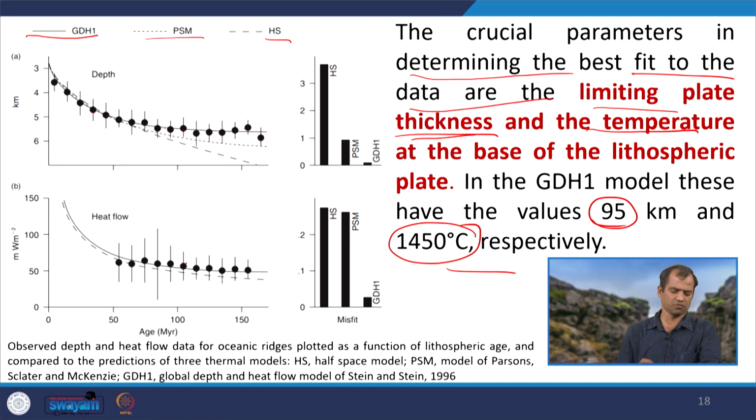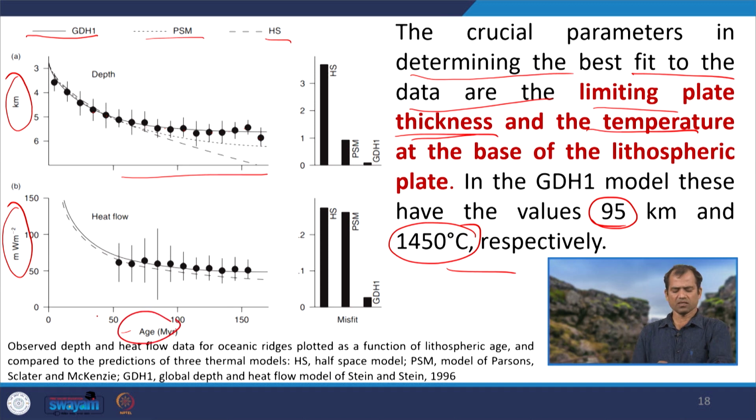Similarly, in this graph, it is the thickness versus the observation, and this is the heat flow versus the observation. If you see the age and heat flow, it is best fitting with the GDH model. Similarly, the age versus thickness is best fitting with the GDH model.